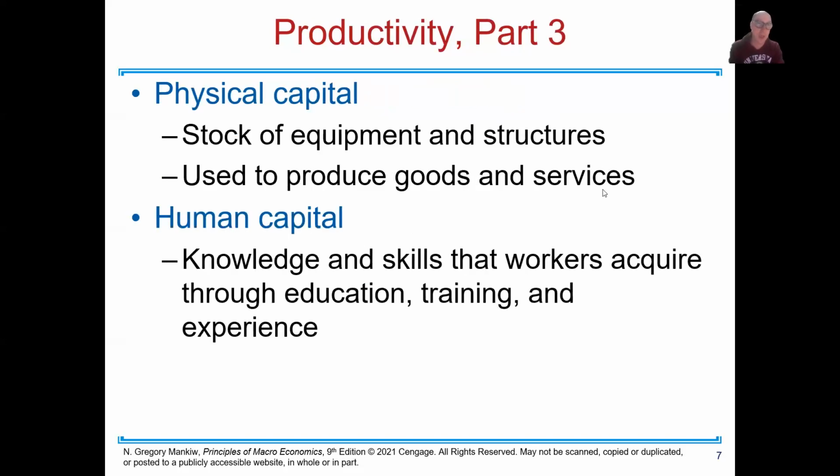So the physical capital, we're looking at things like fixed assets, property, plant, and equipment, machinery, etc. The human capital, of course, are the individuals that work within the company that have skills and abilities that they've developed through things like education, training, and experience.